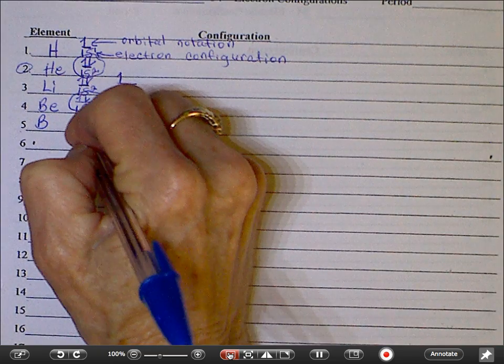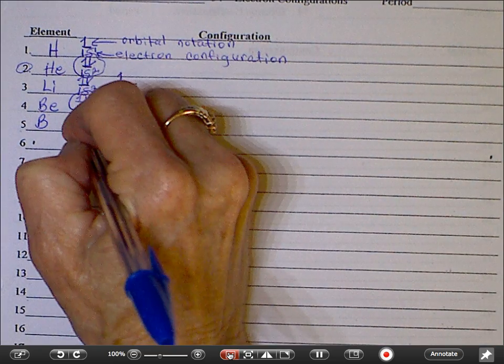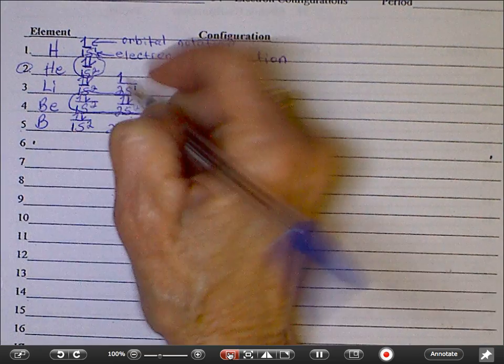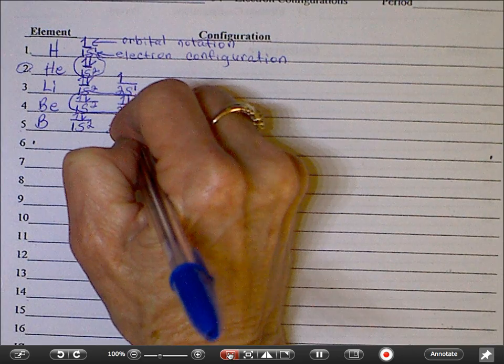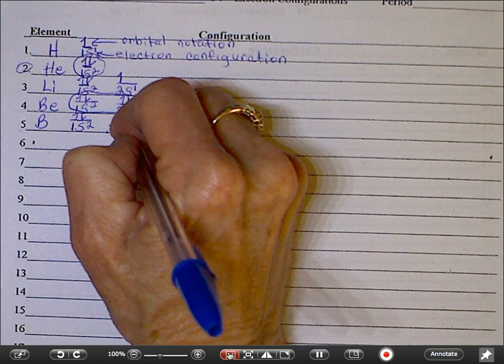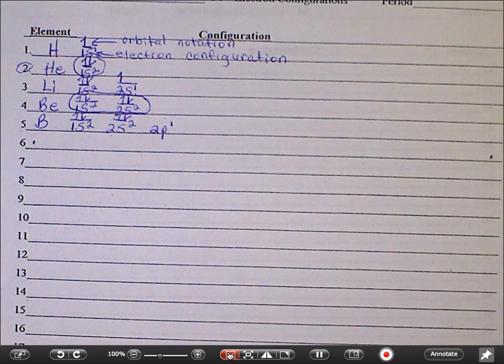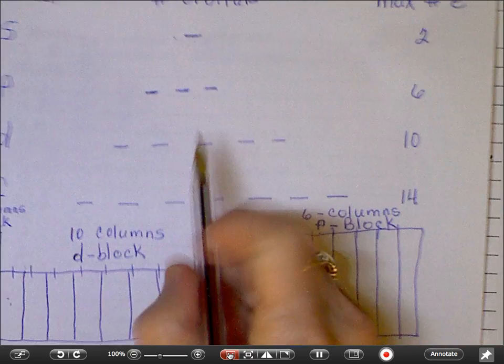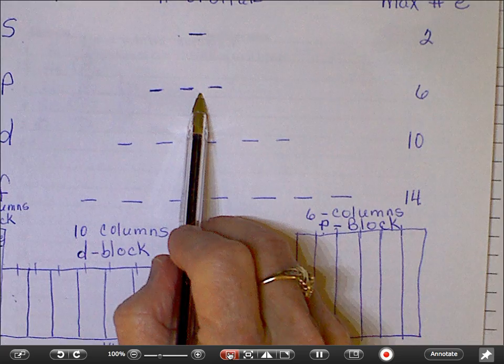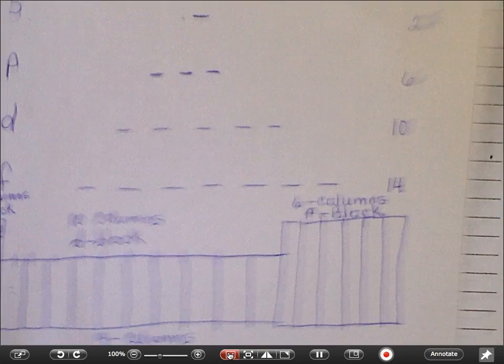Now I'm going to do the arrows. Copying right up here, 1 up, 1 down. Again, I'm copying right up there, 1 up, 1 down. Okay, now right here is where I have to take you back. How many orbitals do we draw for P? 3.